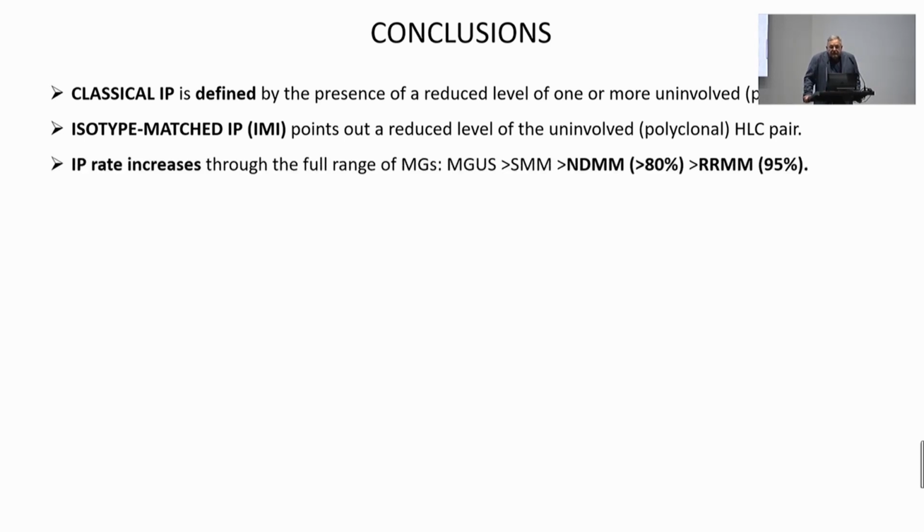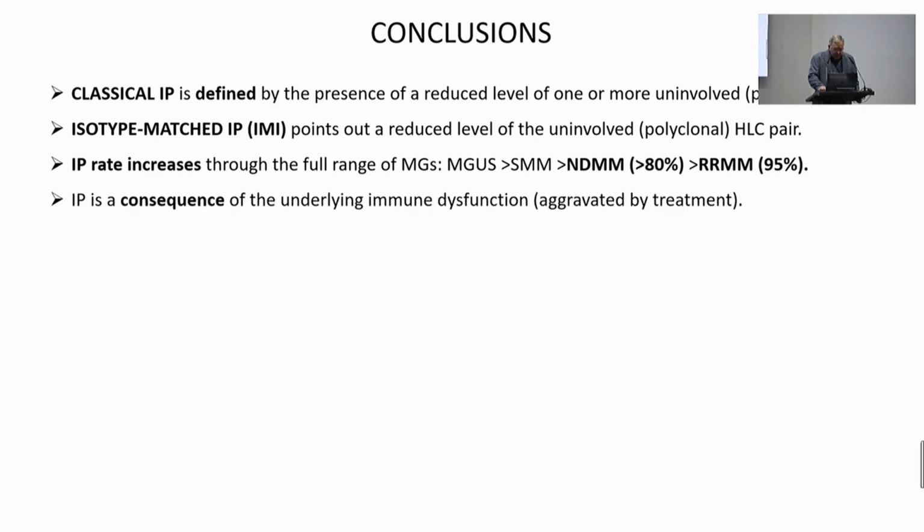The rate of immunoparesis changes through the full range of monoclonal gammopathies, and in the case of multiple myeloma is higher than 80%. Immunoparesis is a consequence of the underlying immune dysfunction, but is also aggravated by the treatment.